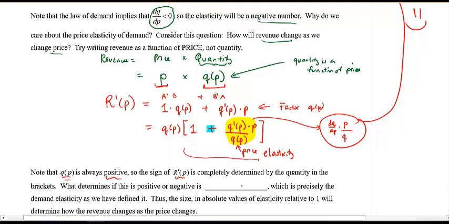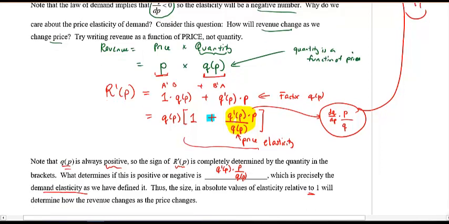What determines if this is positive or negative is really that expression that I highlighted in yellow: Q prime of P times P divided by Q of P, which is precisely the demand elasticity that we defined just above. So the size, in absolute value, of elasticity relative to 1 will determine how the revenue changes as price changes.